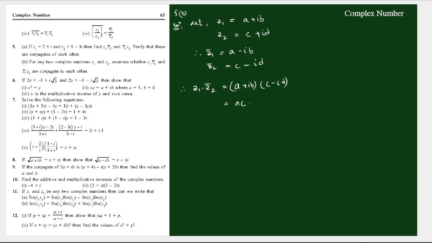AC plus iAD minus iBC. Then we'll get minus i square BD.